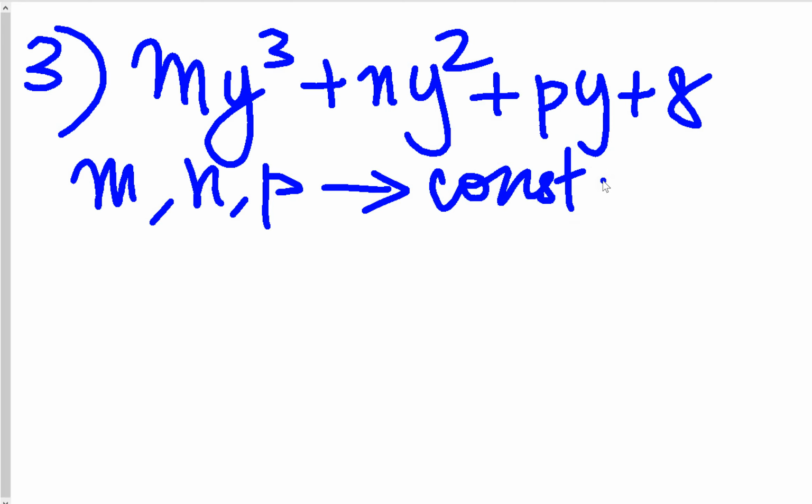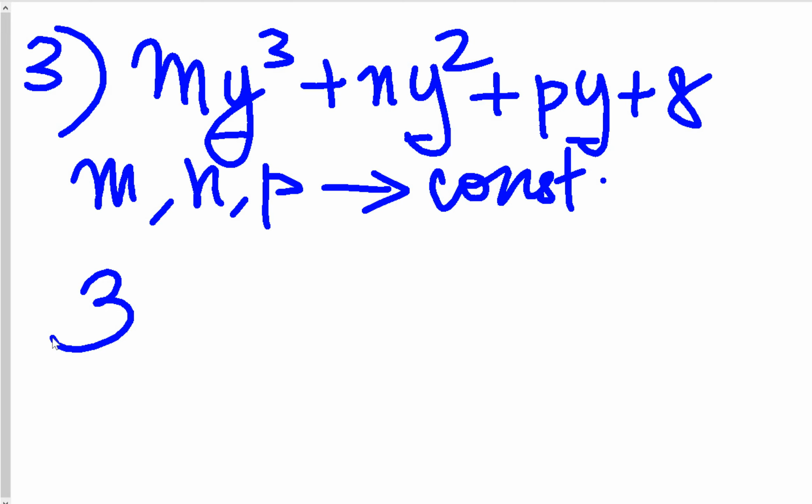What are the variables here? y is the only variable. y is present 3 times in this equation, but what is the degree? It is 3, because degree, as we saw, is the highest power of the variable present in the polynomial.